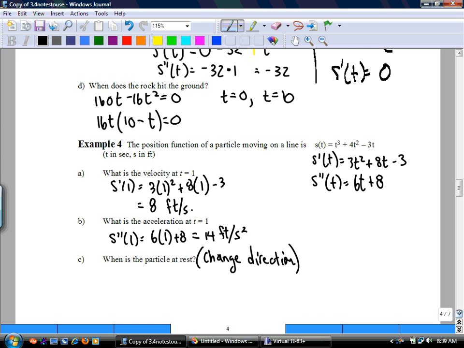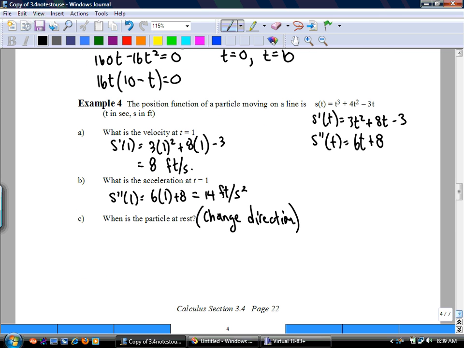When is the particle at rest? When its velocity is 0. When it changes direction. So 3t squared plus 8t minus 3 equals 0. What two numbers multiply to negative 9 and add to positive 8? Negative 1 and positive 9.